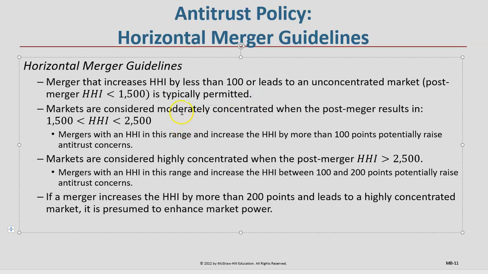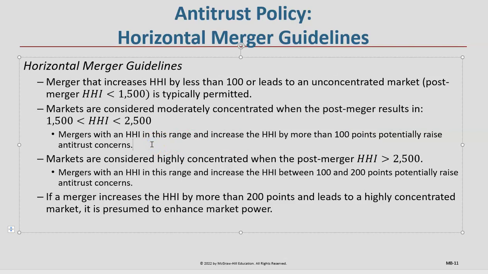Okay, markets, according to these merger guidelines, are moderately concentrated if the HHI is between 1,500 and 2,500. Okay, if you are thinking about a merger, your HHI is in this range, and the merger would raise the HHI by more than 100 points.